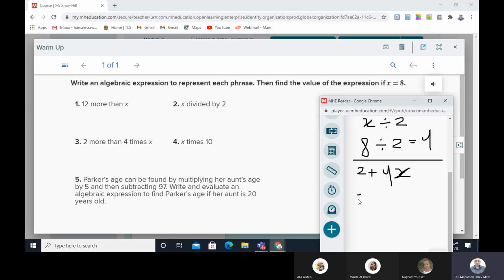Now, substitution, put the value of x as 8. So you can write here 2 plus 4 times 8. So 2 plus 4 times 8 will be 32. So we can write 2 plus 32 will be 34. So the value will be 34.